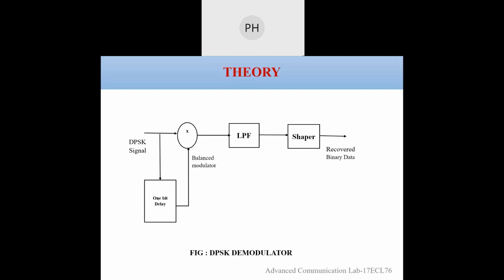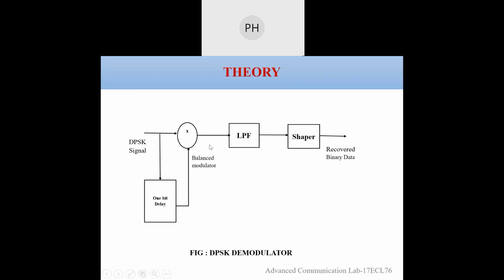The figure here shows the DPSK demodulator. The DPSK signal is provided as the input to the balanced modulator, and the delayed DPSK signal is also provided to the balanced modulator.